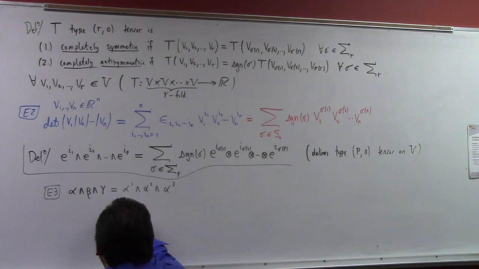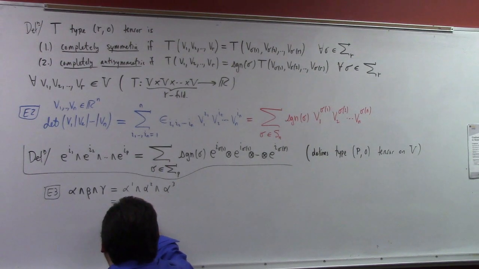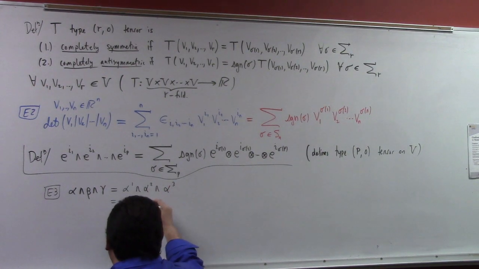So here, let's say we'd have the sign of just the identity permutation, and then I'll stick with the numbers for a second, okay?